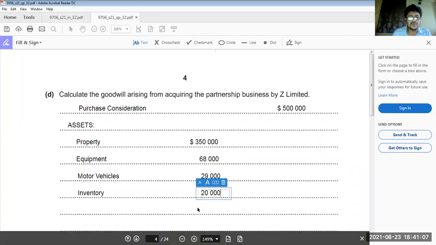So what we do, we get the value of assets: 350,000 plus 68,000 plus 29,000 plus 20,000, 4,67,000 value of assets.